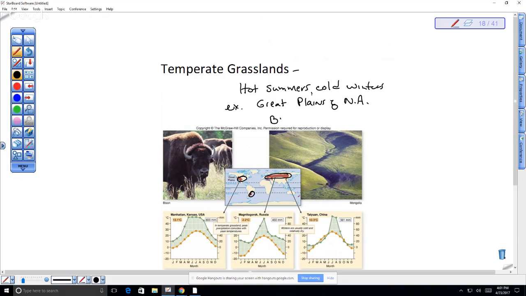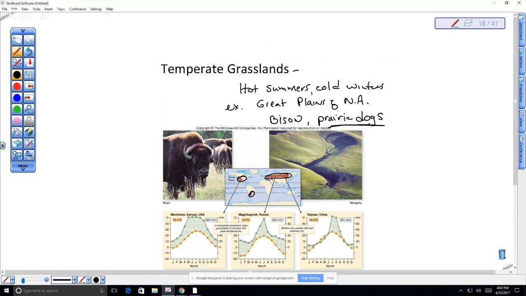An example of the organisms that live here are the bison and also the prairie dogs. The prairie dogs, unfortunately, were kind of demonized by people because they thought the prairie dog towns were destructive to the grasslands.